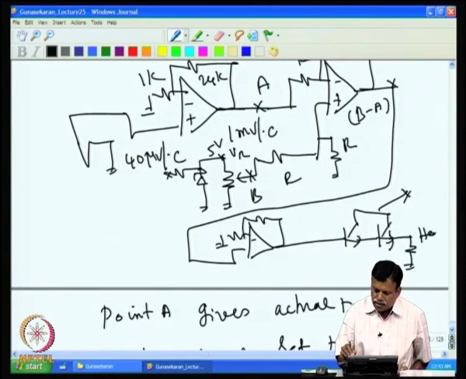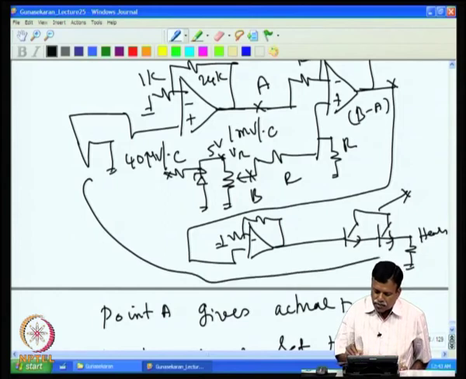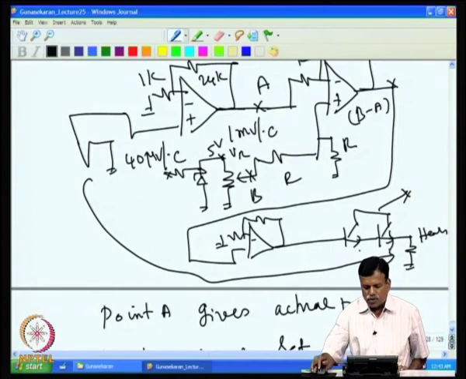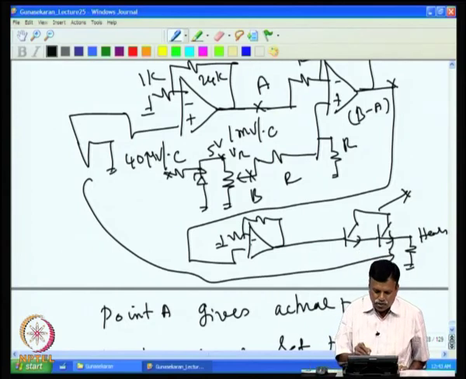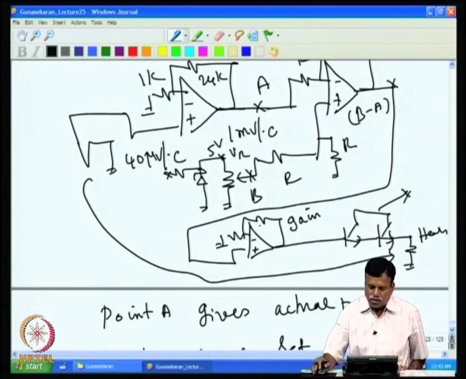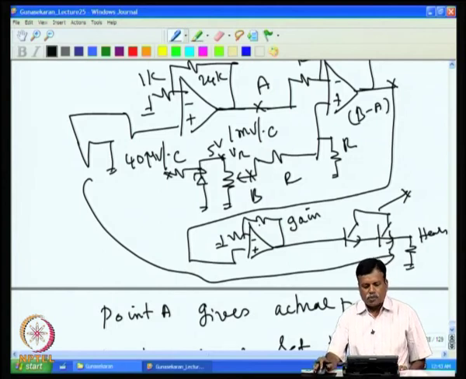This is a heater and the sensor is physically linked to the heater directly. So, this forms a complete proportional controller. This is the gain stage for the proportional controller, and the gain is set by these two resistances.